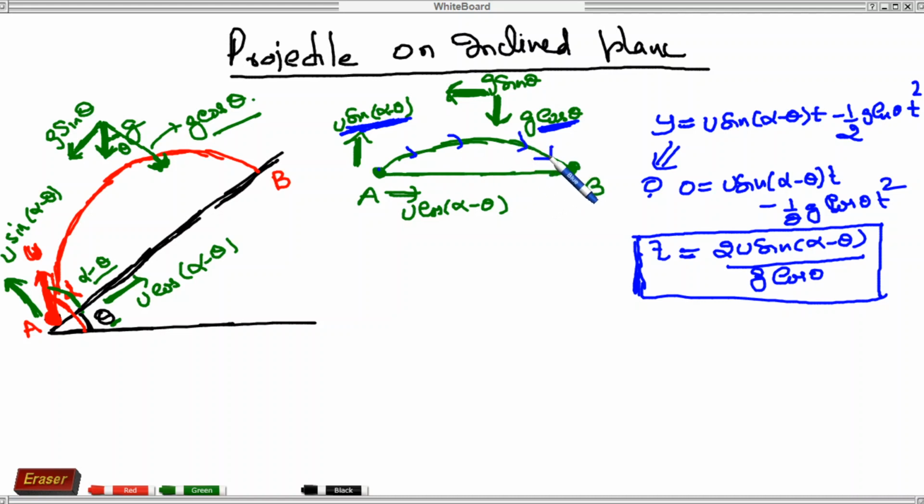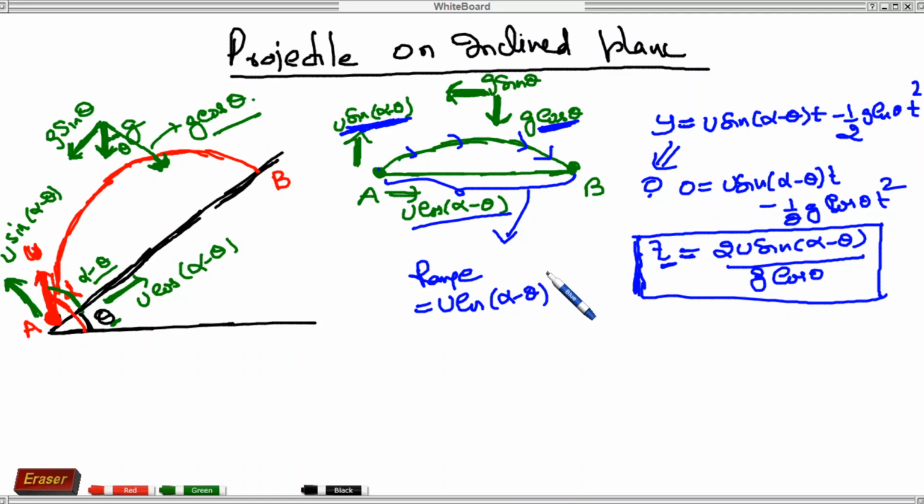What would be the range? The range will be u cos(alpha minus theta) into this time. But you can see here there is g sin theta acceleration in this direction, which will oppose this u cos(alpha minus theta).